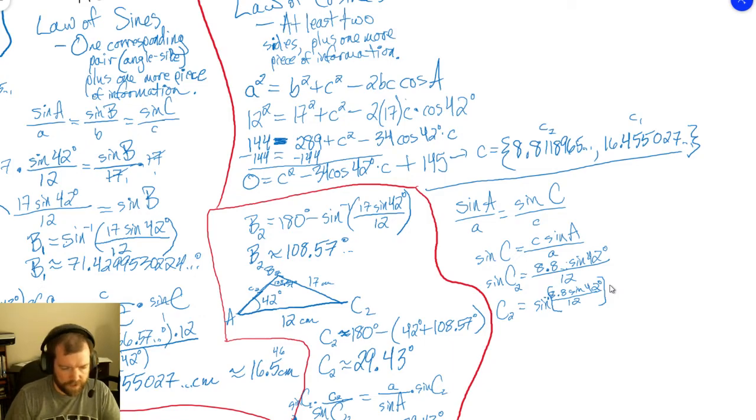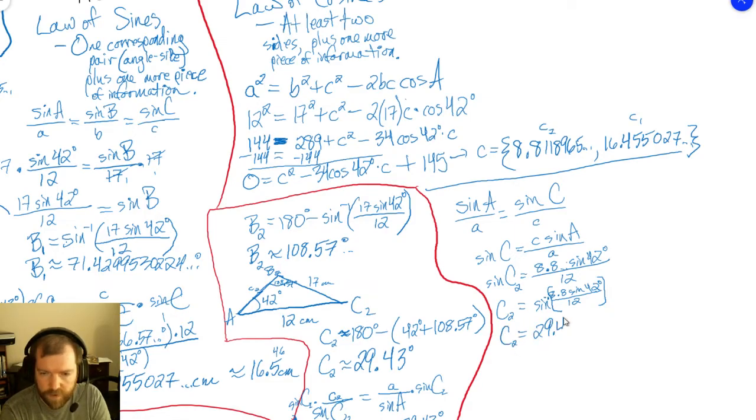So, arc sine of 8.8118965, etc. times the sine of 42 degrees divided by 12 is going to be 29.43 degrees. Again, this is really an approximation, not actually equal to, but whatever, it's close enough.